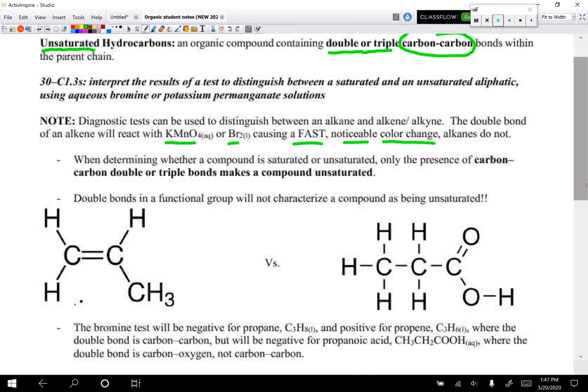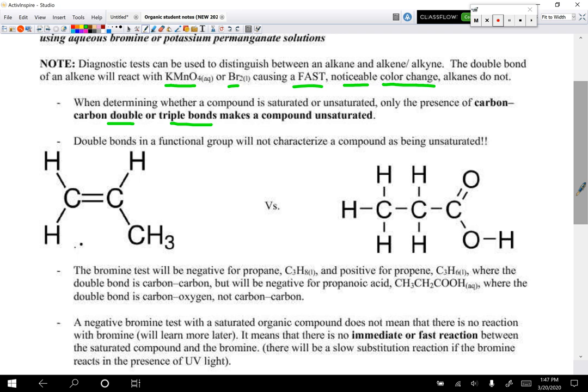Now, we have this test. It's a diagnostic test, just like litmus is a diagnostic test for acids and bases. This is just one for our unsaturated compounds because they only change when there is a carbon double or triple bond. Now, what you're looking for is something like this.